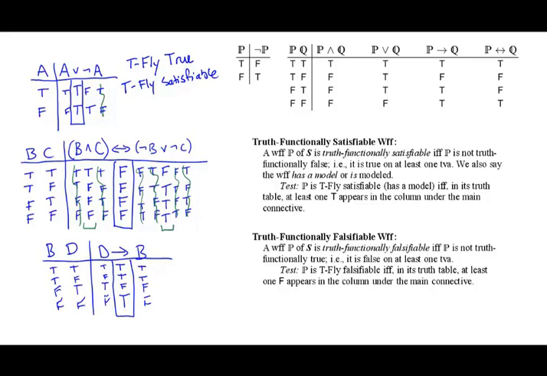The second example here is truth functionally false and truth functionally falsifiable.